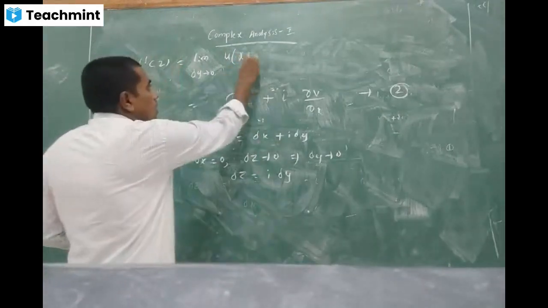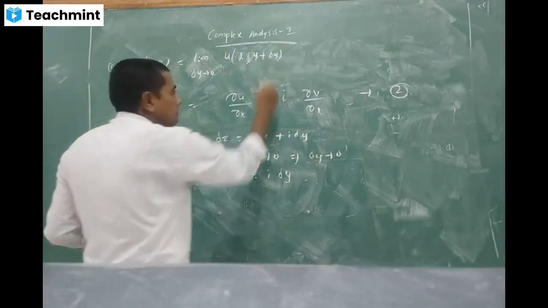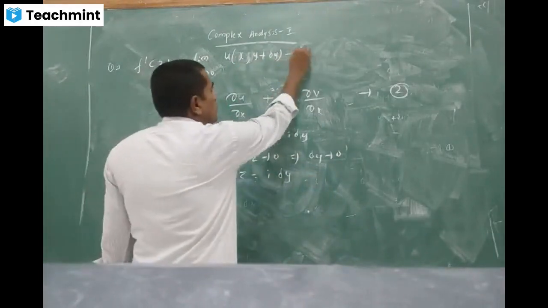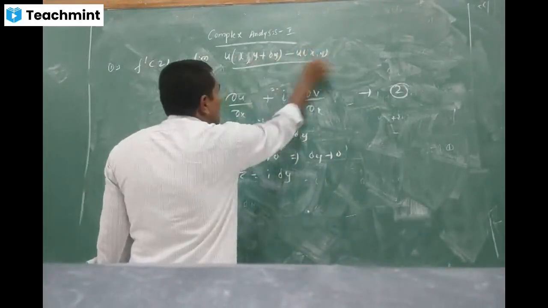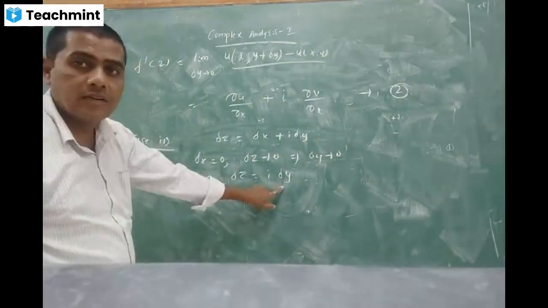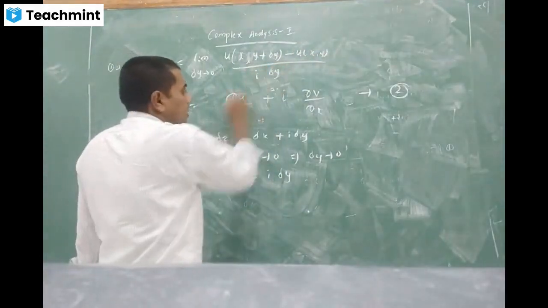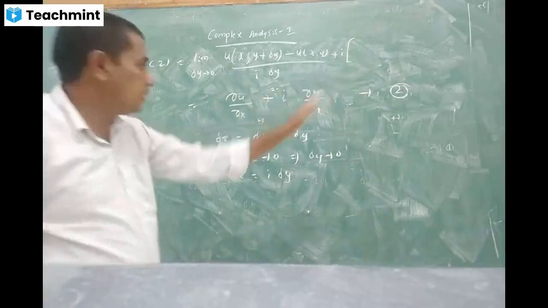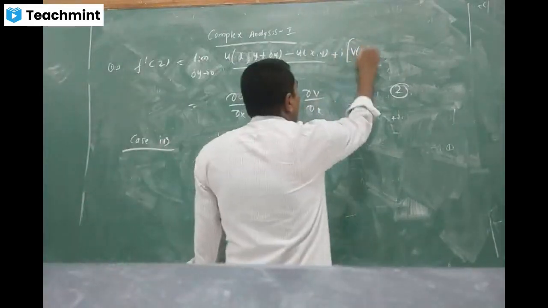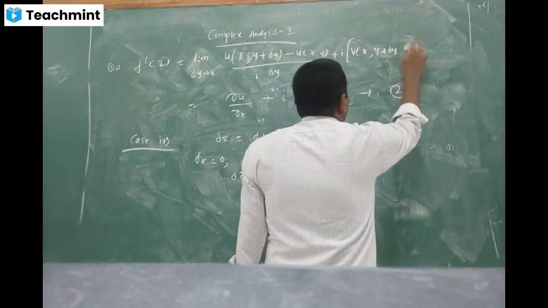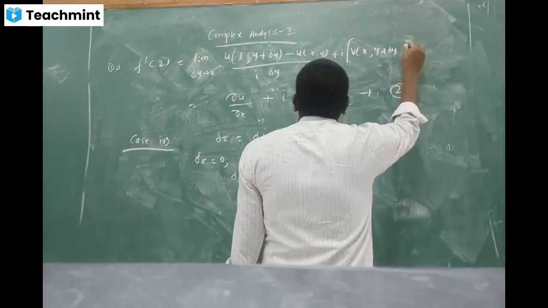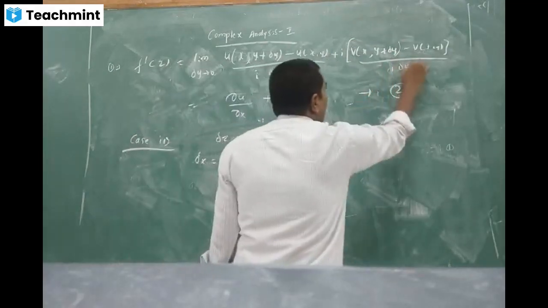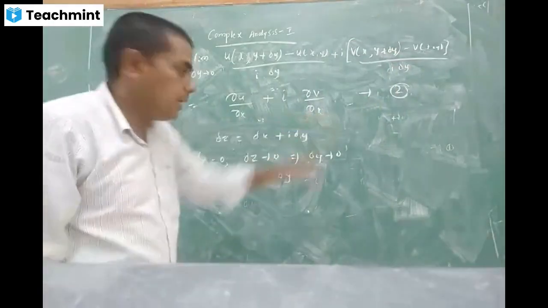Next, comma y plus delta y, because it is tending to 0, minus u of x comma y divided by delta z. Delta z means i into delta y. Next, plus i into v, the imaginary term, same thing: v of x comma y plus delta y minus v of x comma y divided by delta z, which is i delta y. Remember this as equation number 2.